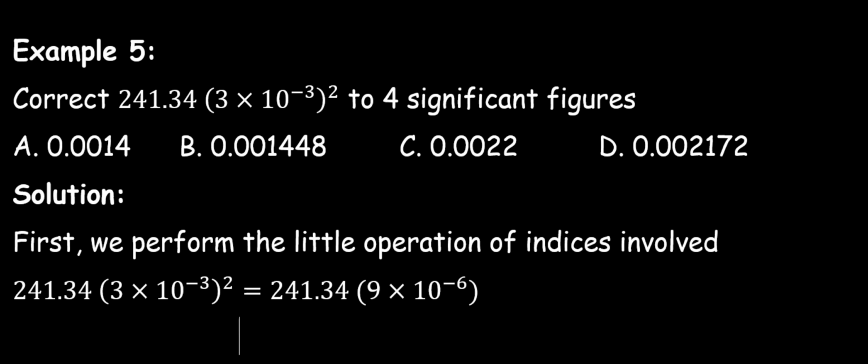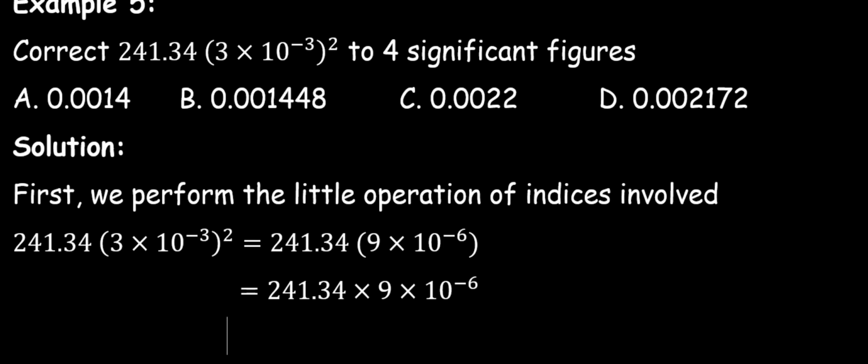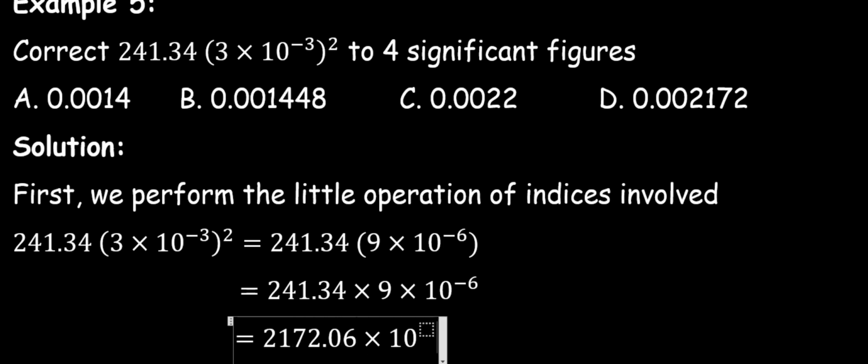So that's why you see 3 turn to 9, and 10 raised to power minus 3 became 10 raised to power minus 6. Next, our value will be equal to 241.34 times 9 times 10 raised to power minus 6. Conveniently, we are multiplying 9 times 241.34, and that will give us 2172.06 times 10 raised to power minus 6.